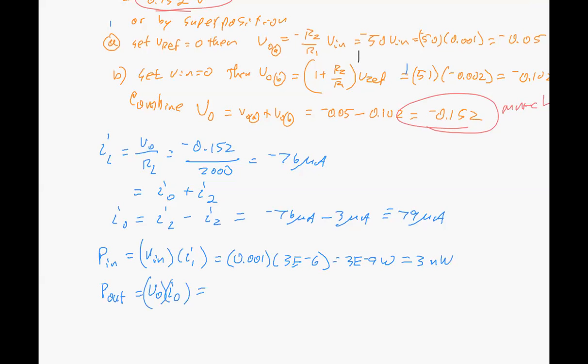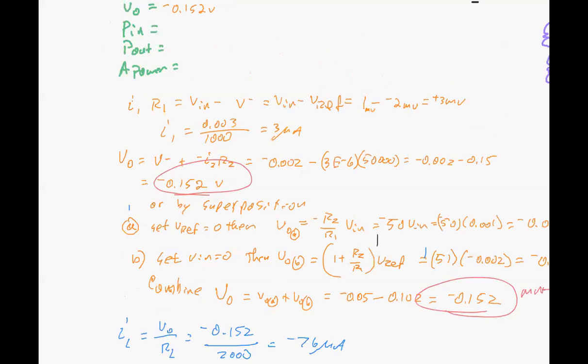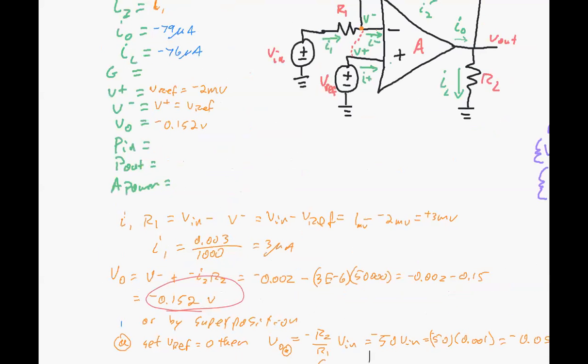And so we would have minus 0.152 volts times minus 79 microamps, and that gets us 12.008 microwatts. 3 nanowatts and 12 microwatts. They're not big powers by any means. It certainly wouldn't be stressing most op amps to do this, but that's what they are.